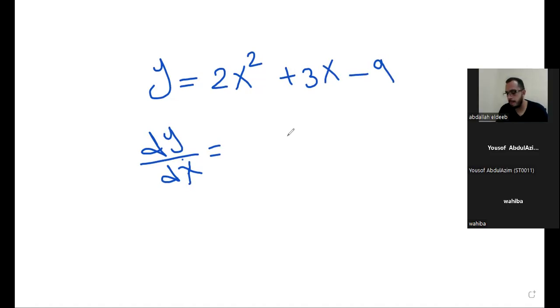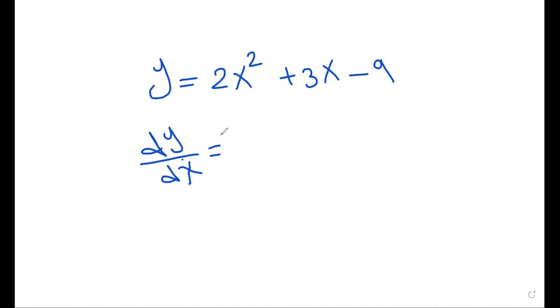How to find dy by dx? What should I do? Yes? It will be 4x, x to the power 1.